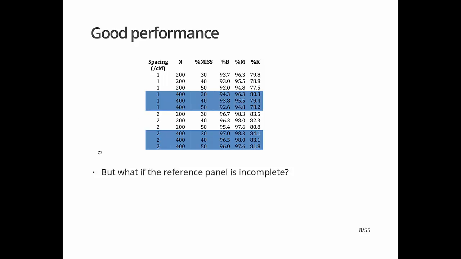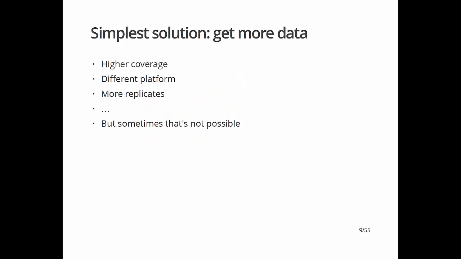But the question that came up was, what if the reference panel is incomplete? What if you have missing data in your founders as well, and that's affecting how you estimate your founder probabilities? I guess the simplest solution is to try and get more data, trying to get higher coverage, trying to use a different platform, replicates. But once you've collected the data, sometimes it's just not possible to do that.